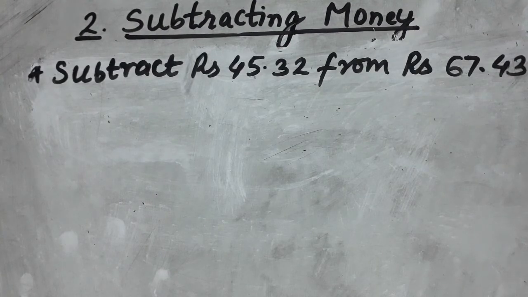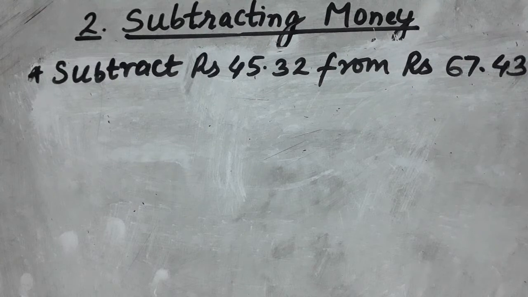Here your question is: subtract rupees 45.32 from rupees 67.43, which means we need to subtract rupees 45 and 32 paisa from rupees 67 and 43 paisa. Students, here you need to be very careful.